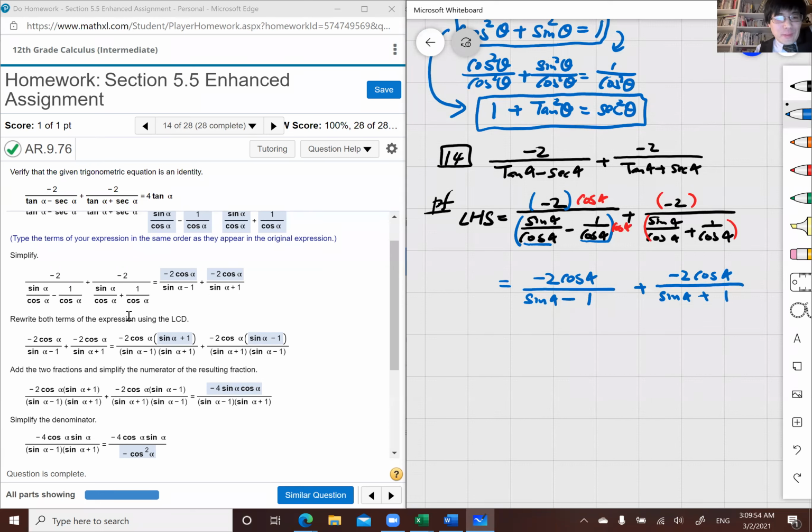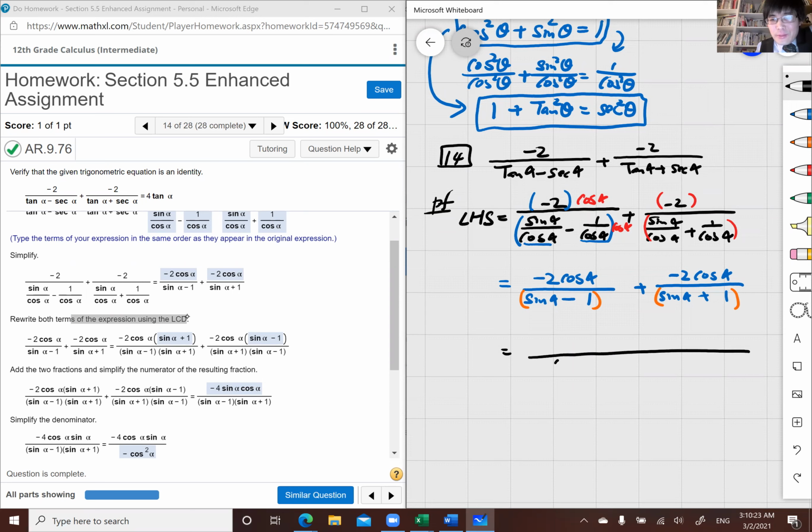Okay, now rewrite both terms of the expression using the LCD. LCD means the least common denominator. So you're looking at this one and this one. You try to make the denominators the same. In Japanese, this is tsubun. So let's do tsubun.